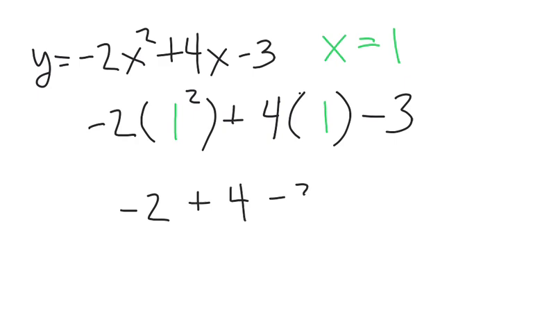And then -3 doesn't change at all. And now -2 plus 4 is positive 2, minus 3 is -1. So now I found my y value. And my final answer is 1, -1.